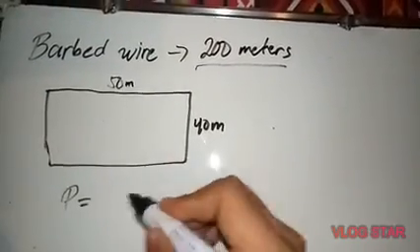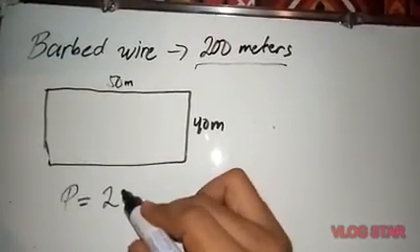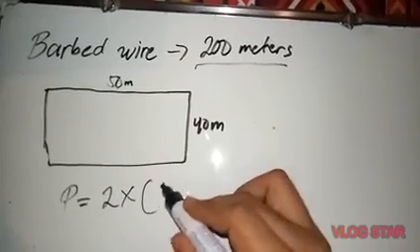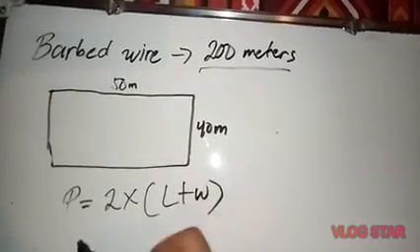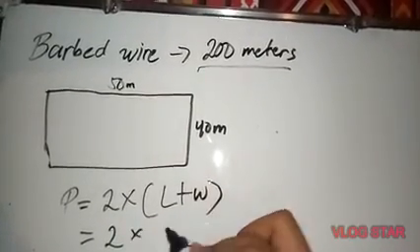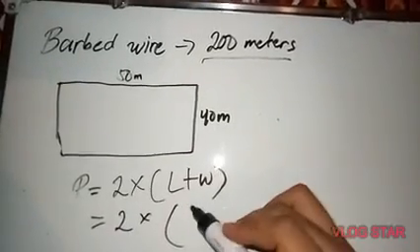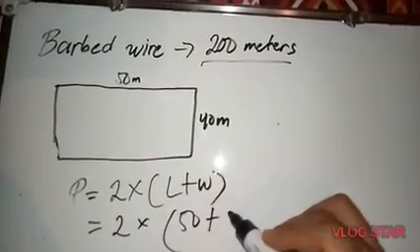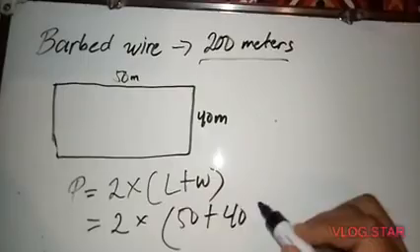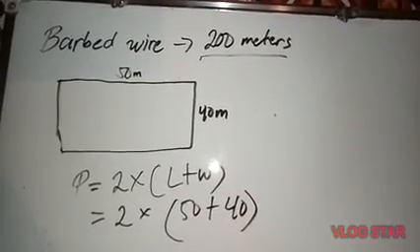Since perimeter is equal to 2 times length plus width, the length is 50 meters, width is 40 meters.